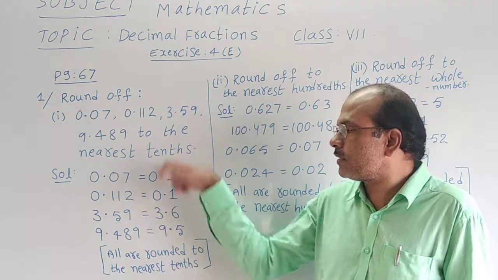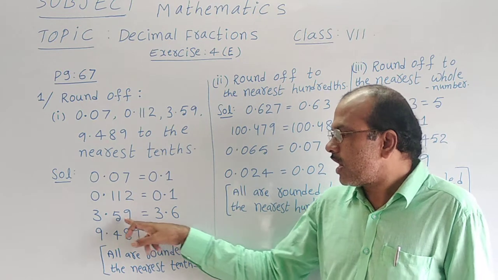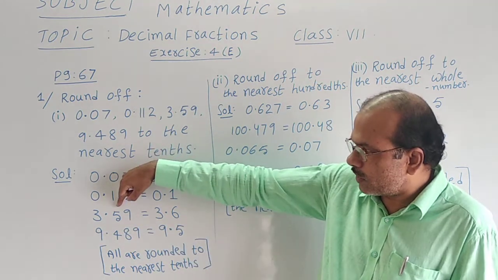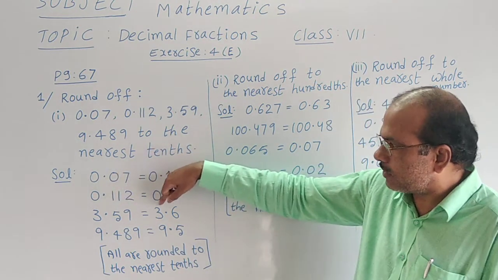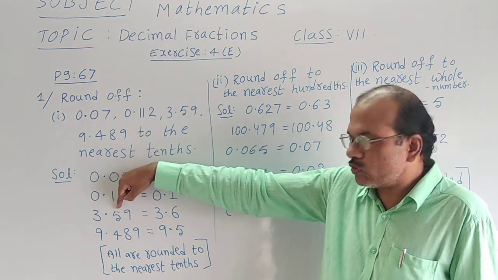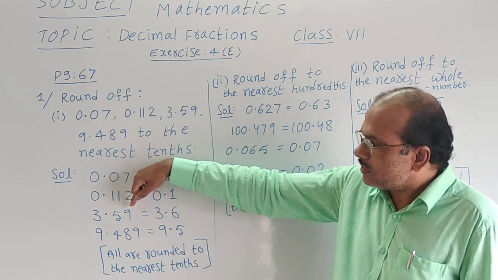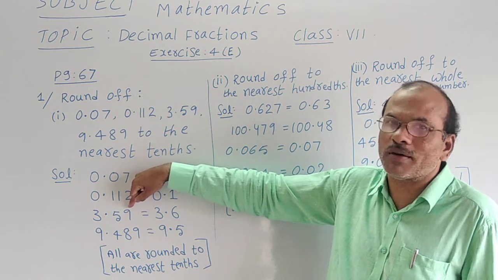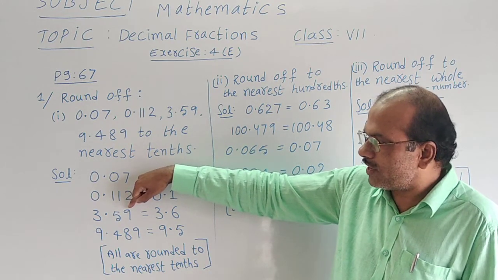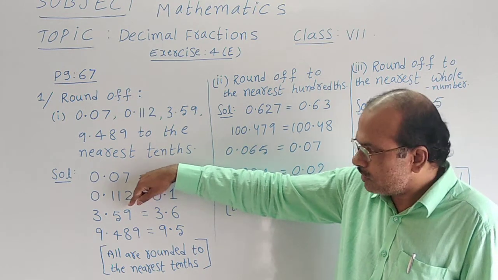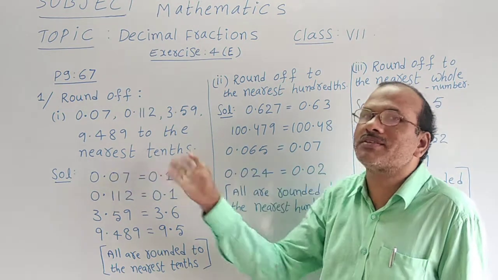3.59. Third bit in that 3.59. Up to this 10th place only we should write 3 point. I have written first. Up to this place only we want to write. Then I should check this digit. This is more than 5, we have observed, no? It is more than 5 and we want to remove it. Then we should give 1 to the previous digit.